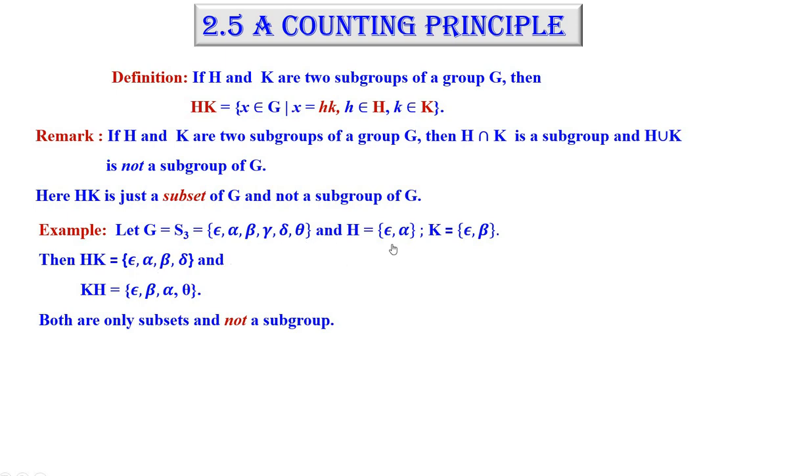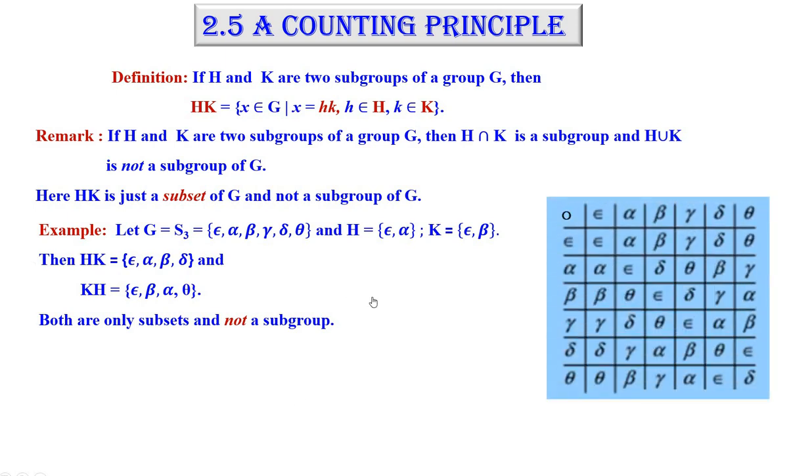When we compute that, we have epsilon with epsilon, so you have epsilon, and alpha with epsilon, so you have alpha, and epsilon with beta, you have beta, and alpha with beta gives you delta. That's from this table that we can see. Alpha with beta gives us delta.